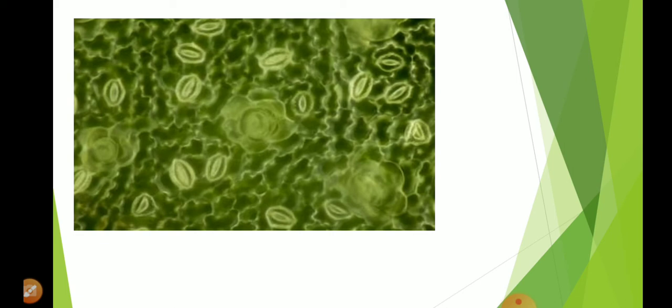Another structure is the subsidiary cells, which surround the guard cells. The number of subsidiary cells may be variable, 3, 4, 5, 6 like that, or it may be 2, 3 or 4, and both the guard cells cover an opening that is known as the stomatal opening or stomatal pore.